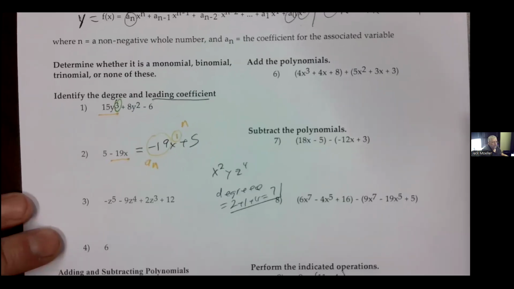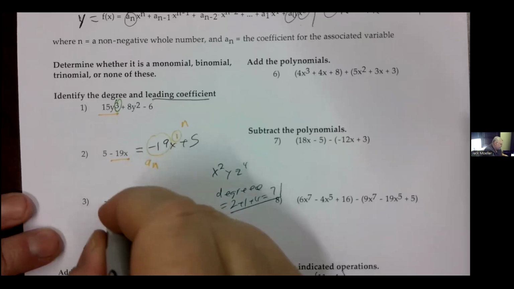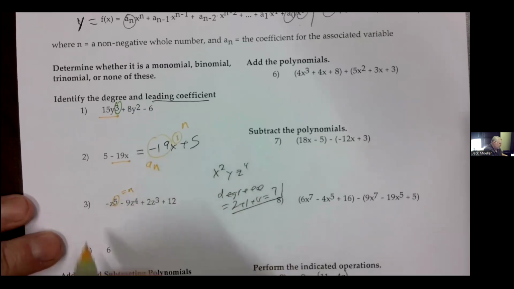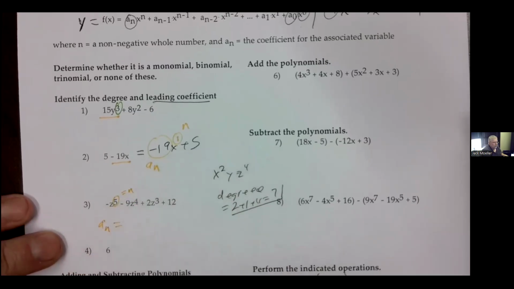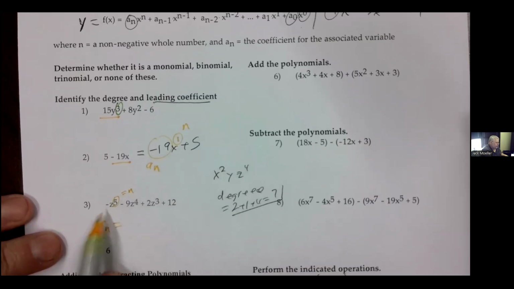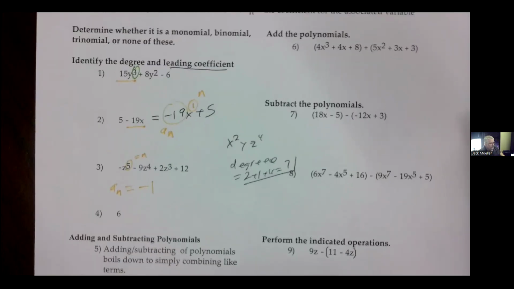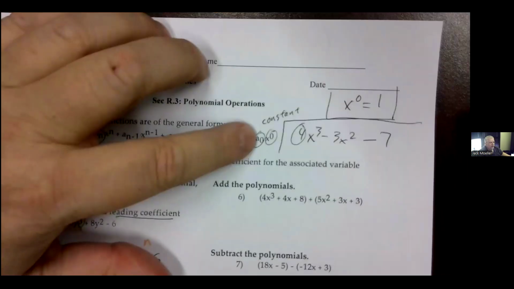If you look at 3, what's the degree? Well, the highest exponent is 5. All right, and so that's our degree. Now your leading coefficient is what? Well, there's no number, it's just a negative. That is negative 1. Now for 6, the degree is 0 because there is no variable. That's sort of like, again, having x to the 0 up here.